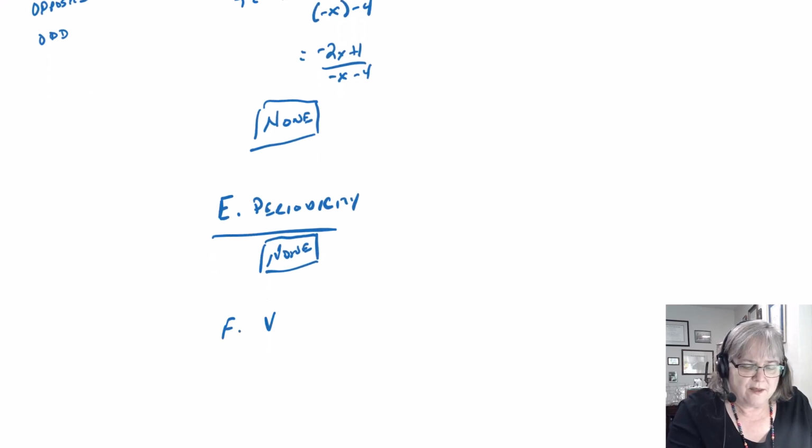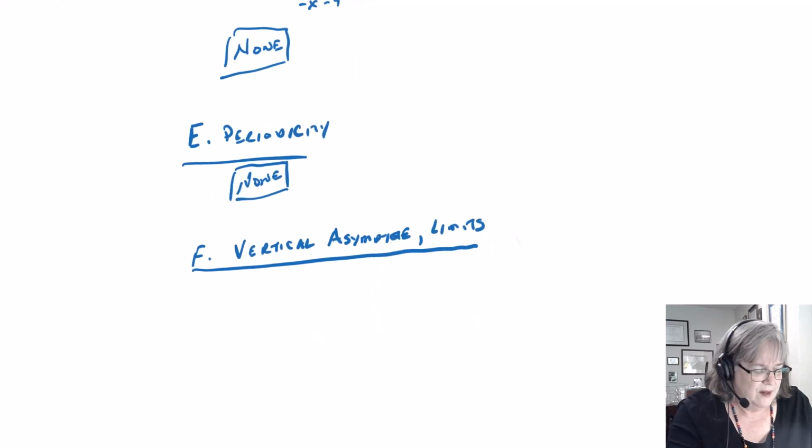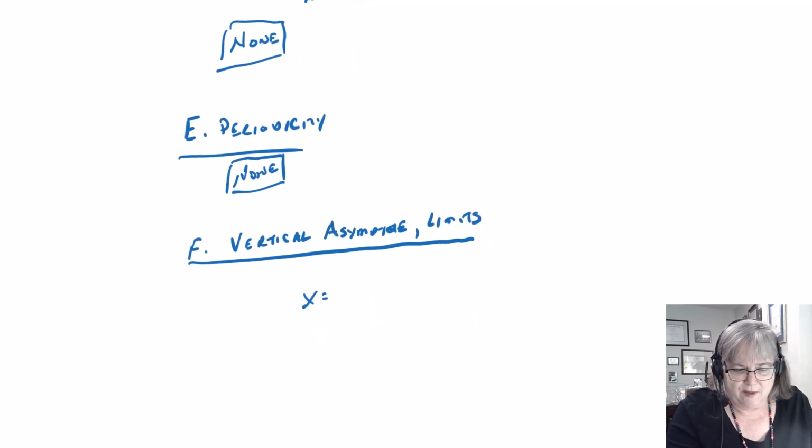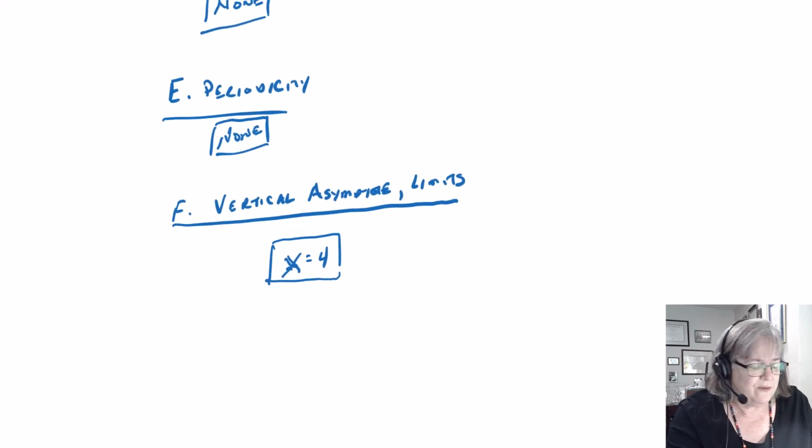And vertical asymptotes. If you have a vertical asymptote, I'm expecting you to talk about the limit on either side. And we knew we had a vertical asymptote because I have a non-removable discontinuity at x is equal to 4.